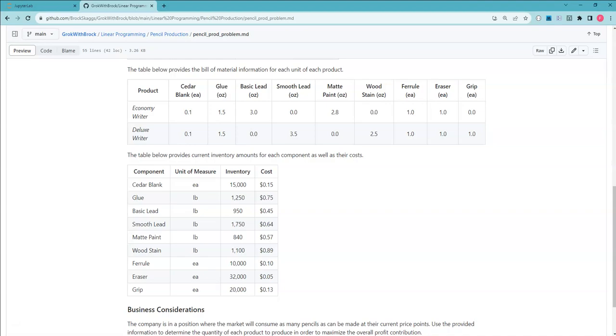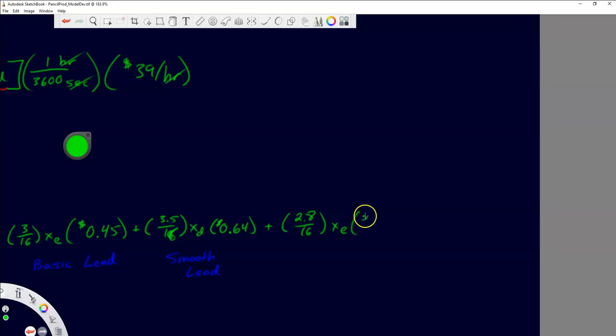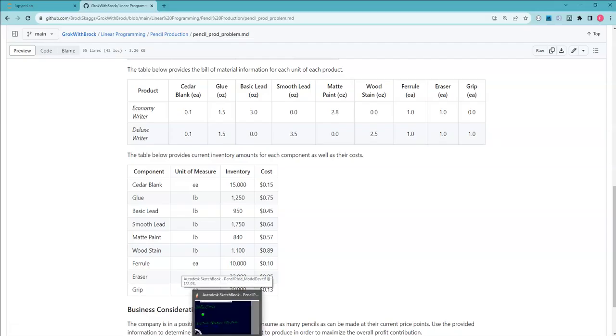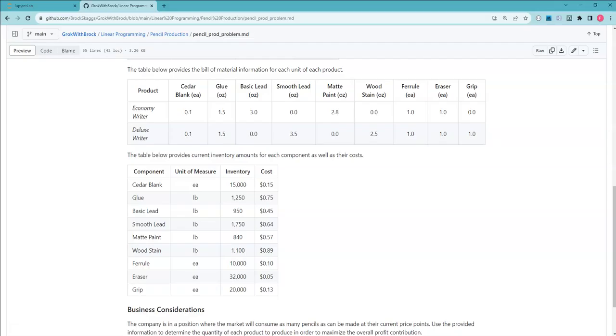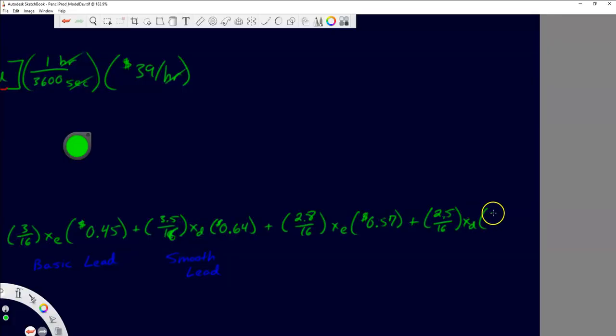And it has a 57-cent unit price. And then the wood stain is only used in the deluxe. And it's 89 cents.